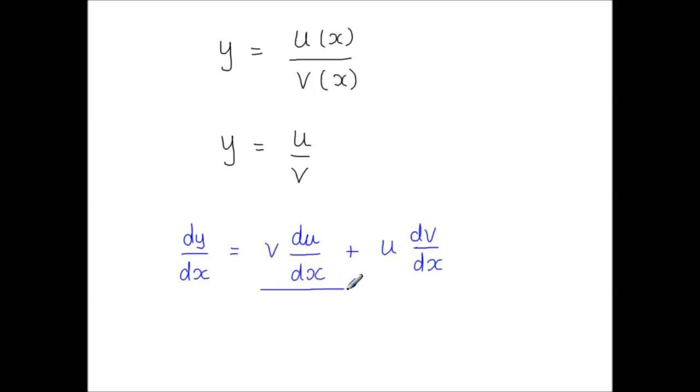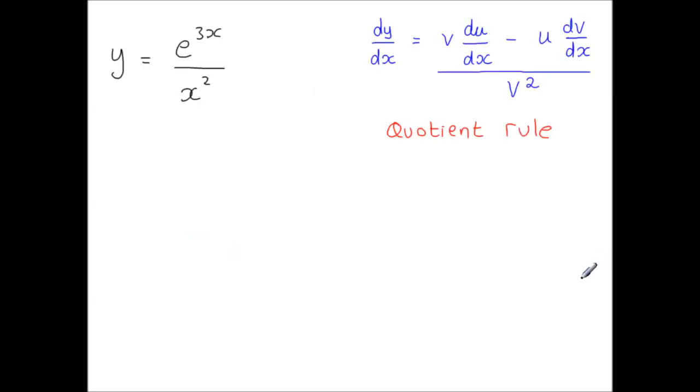You're going to divide everything here by v squared, and that plus there becomes a minus. Okay, that's quite simple. But remember that you must start with v du by dx along the top here. Okay, so using the quotient rule, we're going to divide this. You need to memorize the quotient rule, it's not given to you in the formula book.